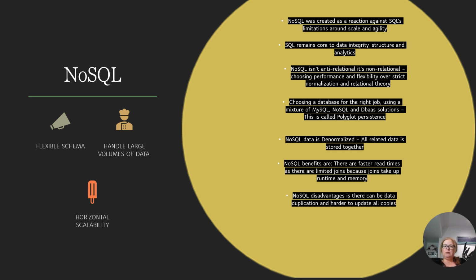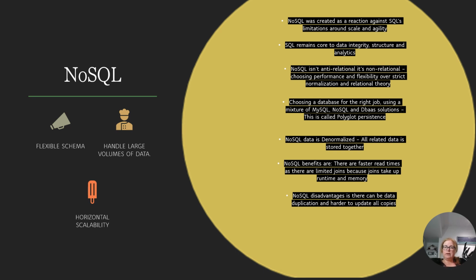Choosing a database for the right job, using a mixture of MySQL, NoSQL, and DBaaS solutions, is called polyglot persistence. A NoSQL database is denormalized. All related data is stored together. NoSQL benefits are faster read times and limited joins, because joins take up runtime and memory.